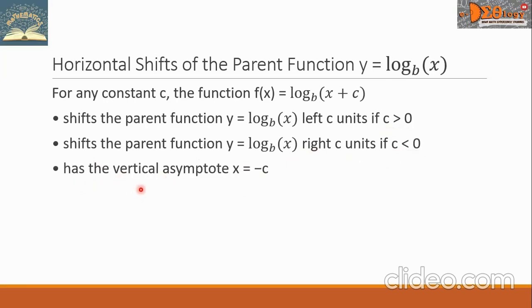It has now the vertical asymptote x equals negative c. And the domain will be from negative c to positive infinity. The range is from negative infinity to positive infinity.